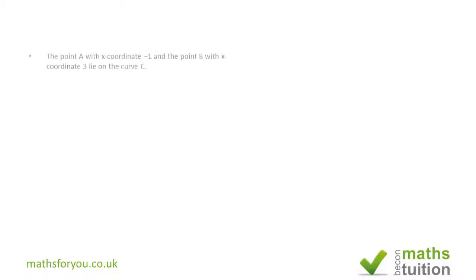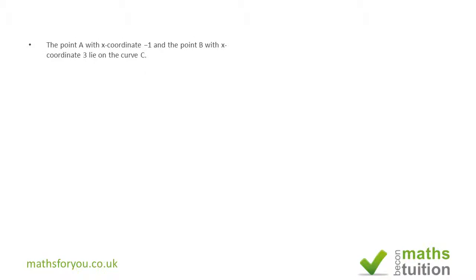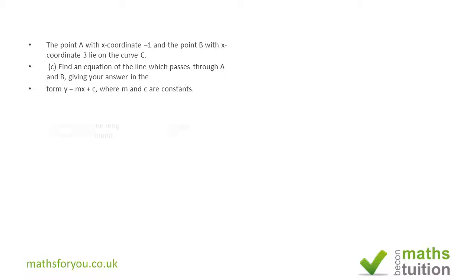Right, this is the last section. In this section, we are going to find the equation of the line AB and also the length of the line AB. Because the line AB cuts through the curve y equals x cubed minus 4x, if the x coordinate of A is minus 1, we can find the value of y.